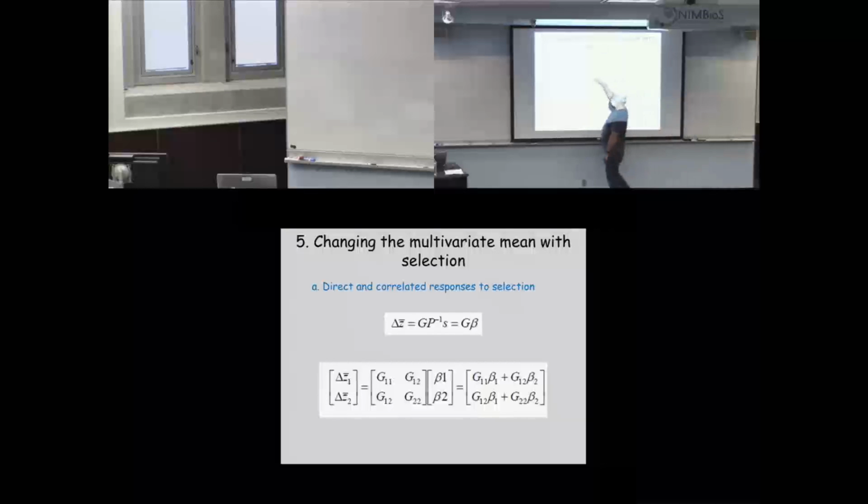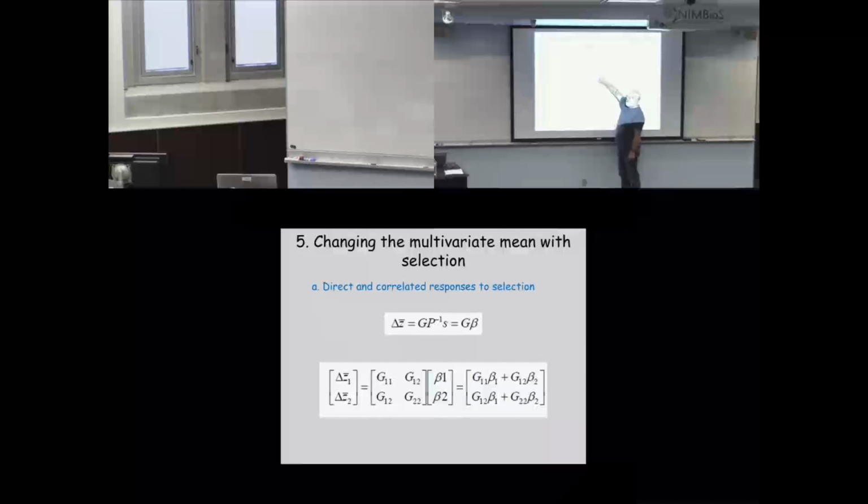This is the breeder's equation. And last time we just presented it like this, in the univariate case. So just ignore this. The change in the mean we showed in the last lecture was the product of the genetic variance divided by the phenotypic variance times the selection differential. There's a common convention in which we take these two terms: if we divide the genetic variance by the phenotypic variance, that's what we call heritability.